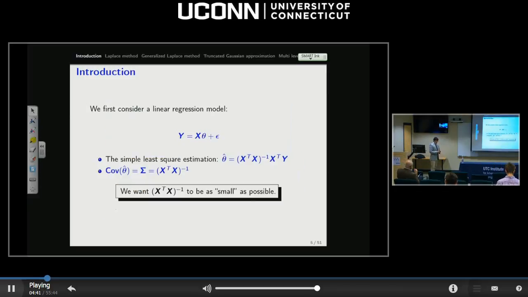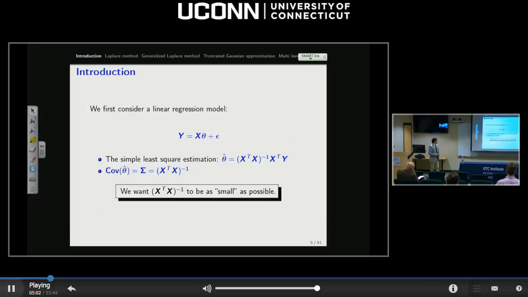And what is experimental design? In a very simple case, I'm showing you a linear regression model, and you want to do the regression of y on x, and you build a very simple linear model, and you want to know the parameter of this model, theta.